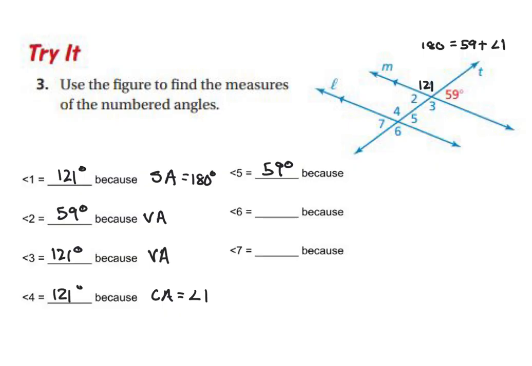Angle 6 is going to be corresponding angle with angle number 3. And so that's 121 degrees. And angle 7 is corresponding to angle 2. So that is 59 degrees.